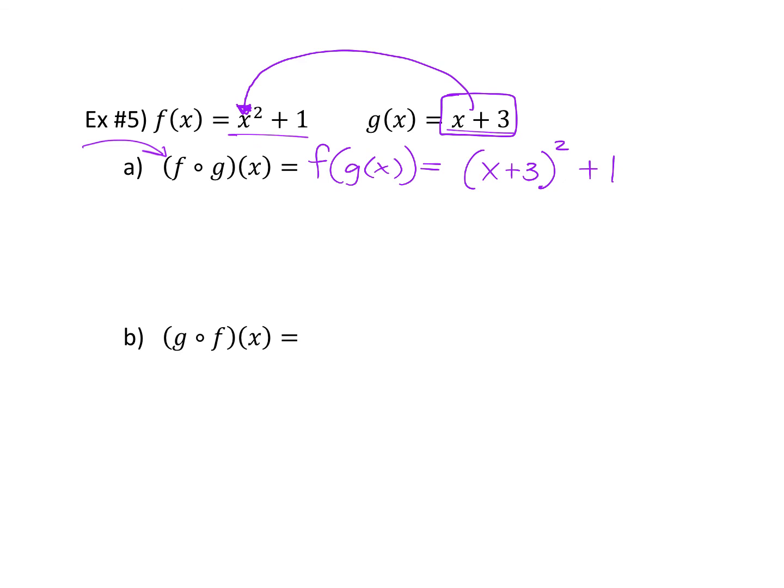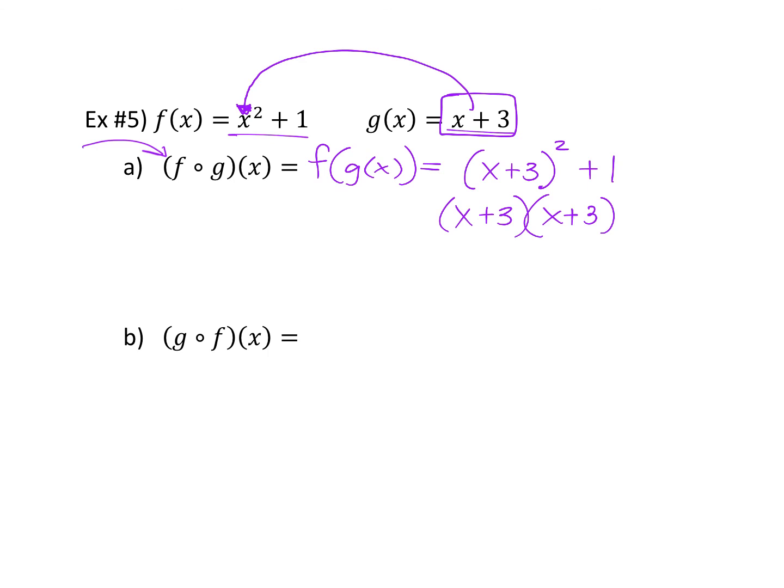How do you square x plus 3? FOIL it, yes. If you know the little shortcut for squaring a binomial like that, you're welcome to use it. It's basically square the first, square the last, and then 2ab.